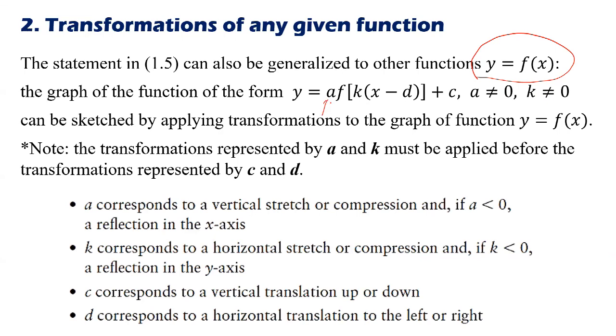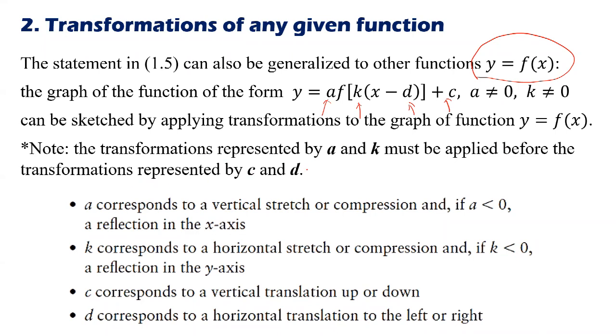Remember that the 4 parameters are a, k, c, d, right? The new function can be sketched by applying transformations to the graph of the original function y equals f(x). Also note that the transformations represented by a and k must be applied before the transformations represented by c and d.